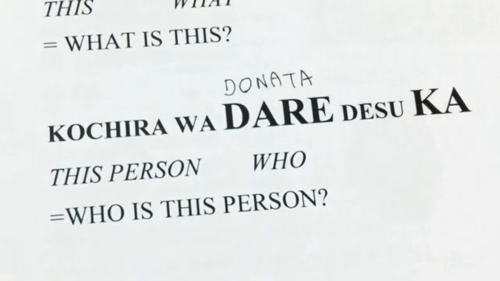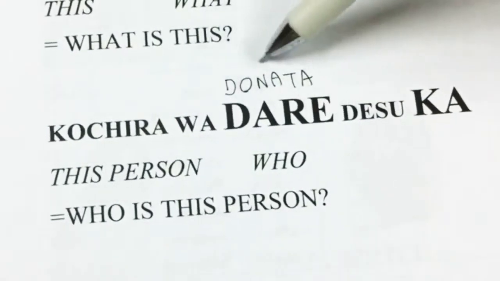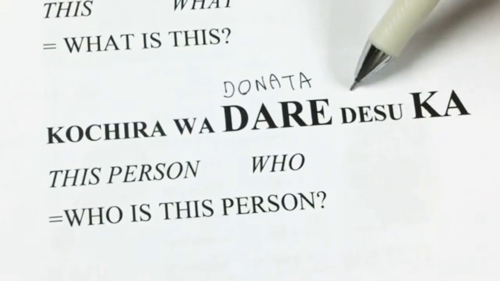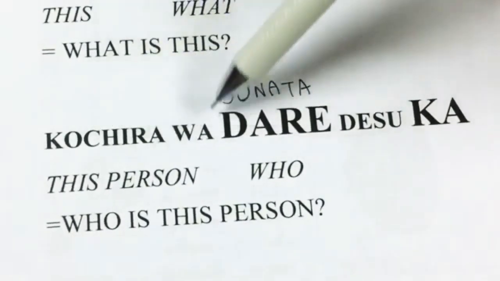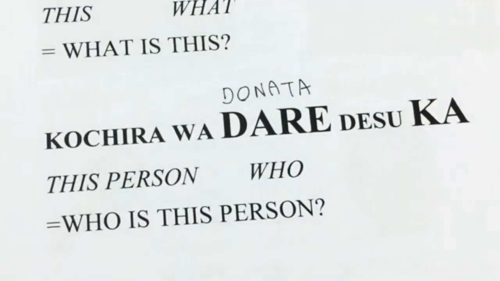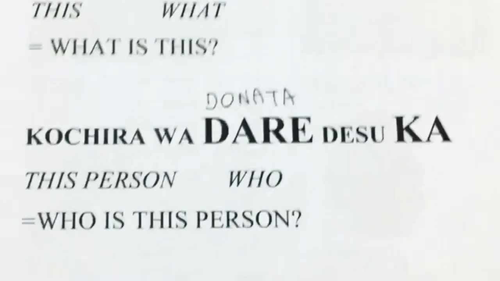It has the same meaning as 誰, who, but どなた is more polite. You can use it with your boss, your supervisor, your clients, your customers. こちらはどなたですか? Who is this? Alright? So let's practice how to use this.